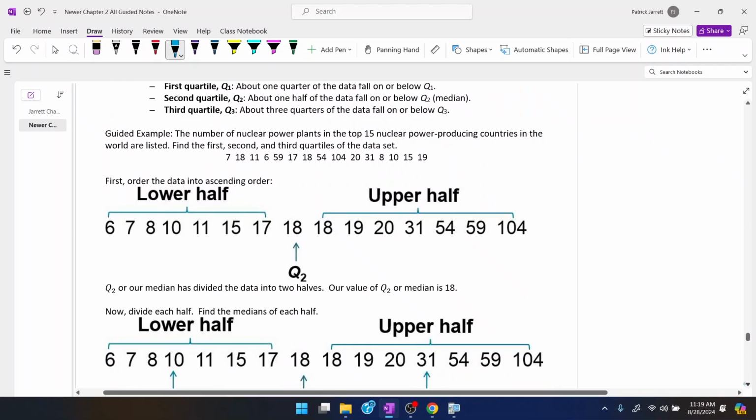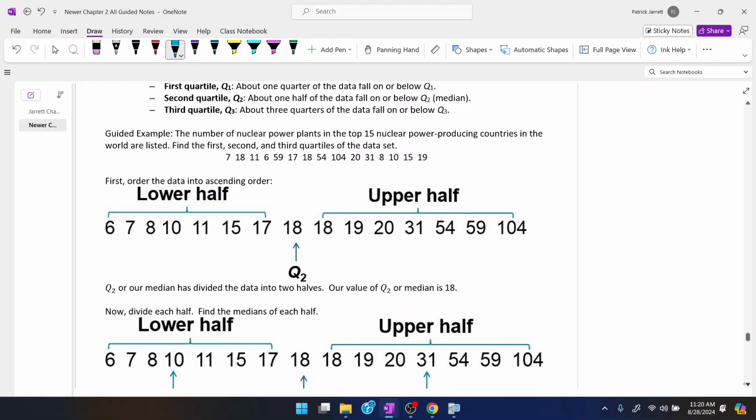So the number of nuclear power plants in the top 15 nuclear power producing countries in the world are listed. We're going to find the first, second, and third quartiles of this data set. First thing you do is you order it, if you were doing it by hand.